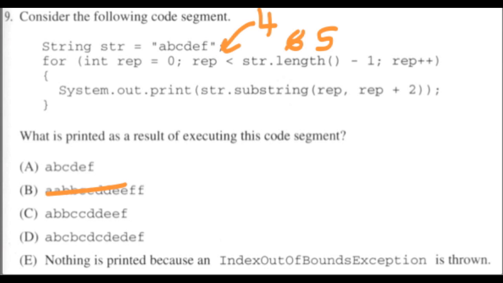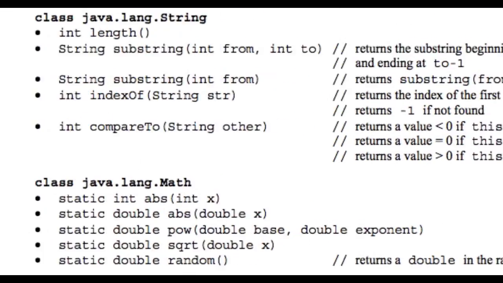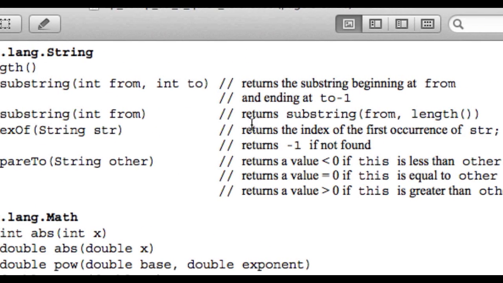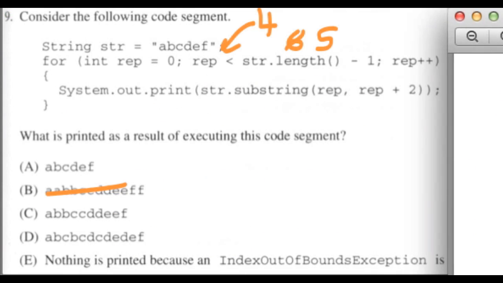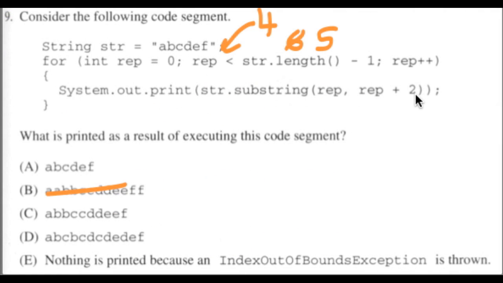But remember that this particular substring method goes from to 2 minus 1. So it's not actually going to look in the 6 position, it's going to look in the 5 position. So if you think ahead like that, that eliminates E. Okay? We're not going to get out of bounds here.